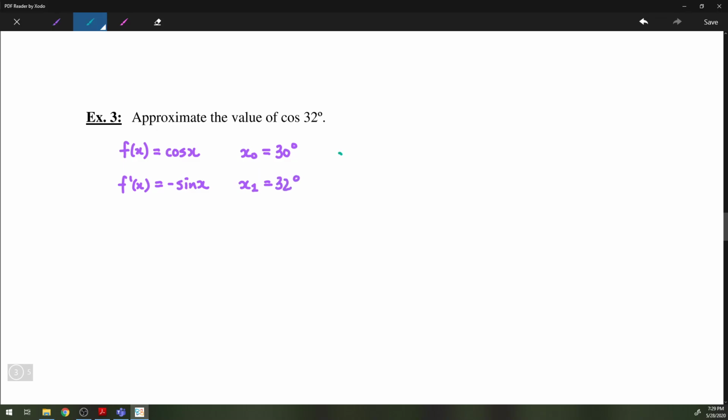Okay, once again, we have our formula. So f of x1 is approximately equal to f of x naught plus f prime of x naught, and then x1 minus x naught. So in this case, this would be cosine of 30 degrees minus sine 30 degrees, and then 32 degrees minus 30 degrees.